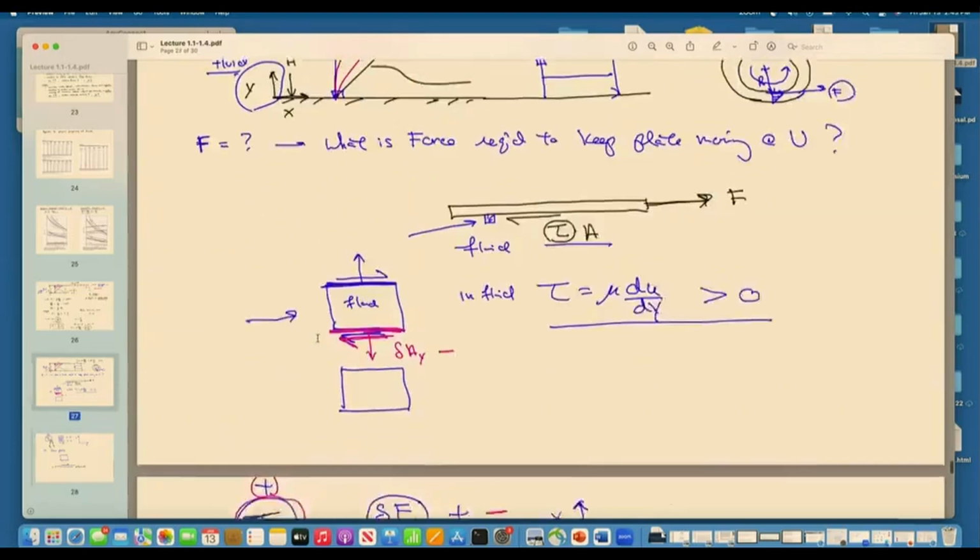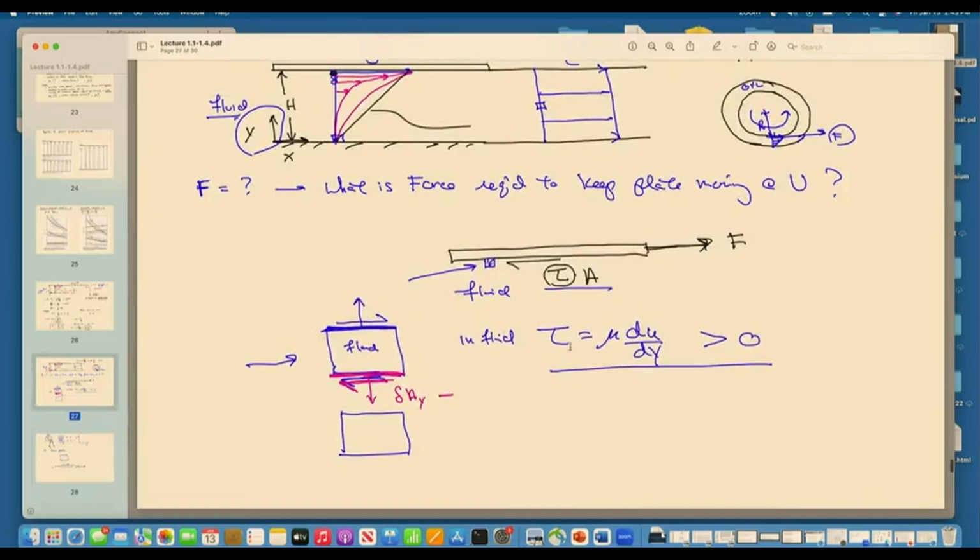So the mathematics is such that the force on the fluid is in the positive x direction, and that made sense because my right hand feels the tangential force to the right. Then there's going to be the equal and opposite force on the plate, and that's this.